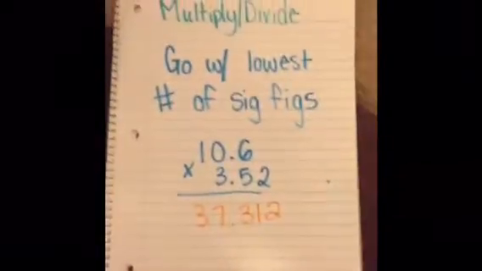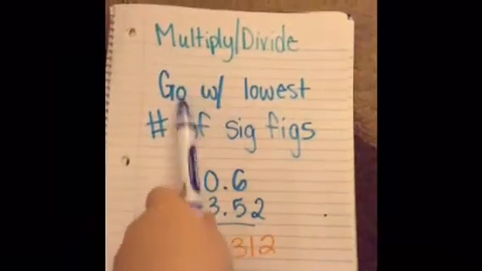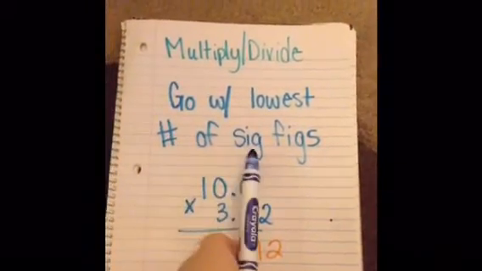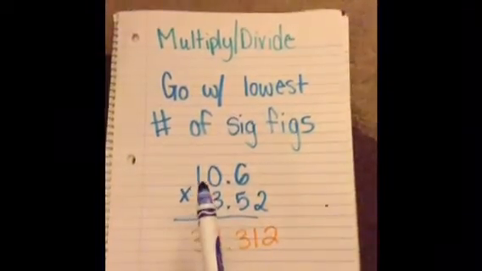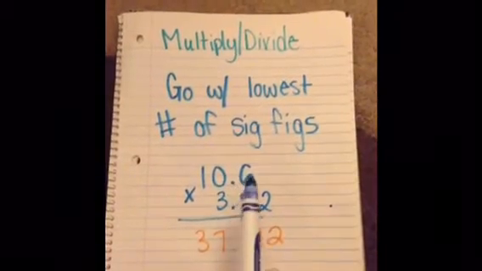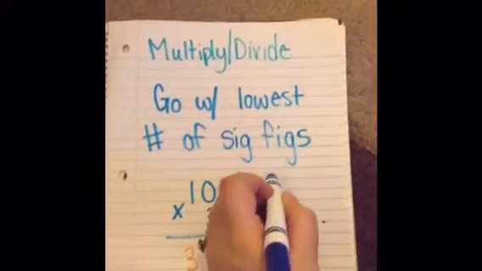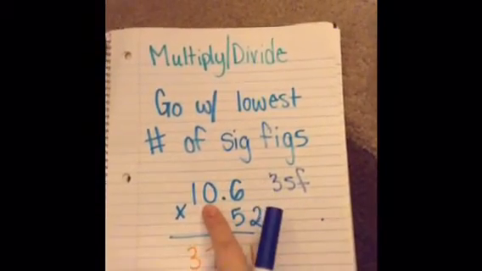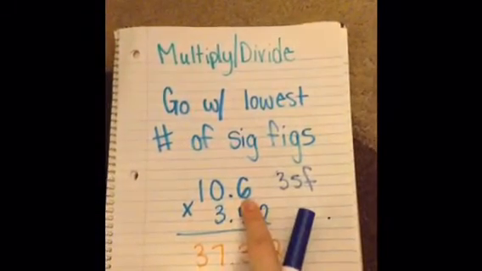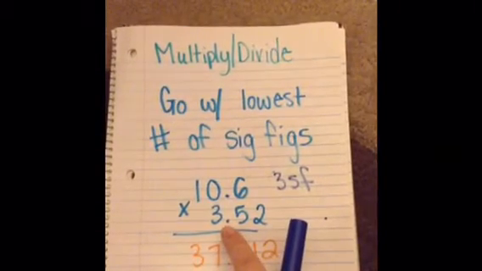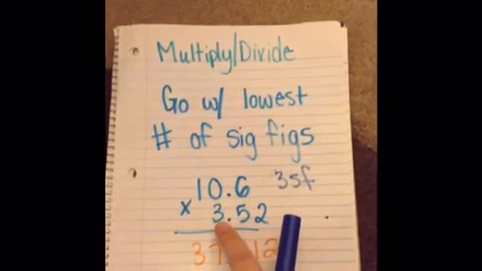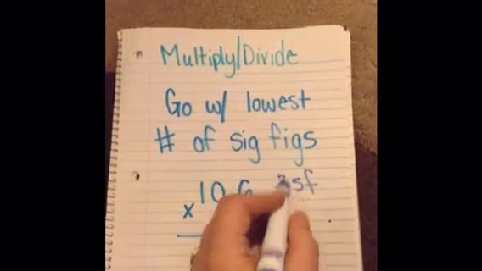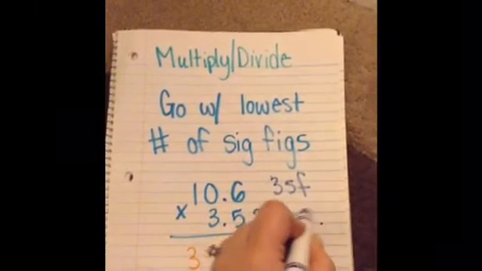If I'm multiplying and dividing numbers, it looks a little different. I'm going to go with the lowest number of sig figs. So if I have 10.6, I'm going to have 3 sig figs because I count bigger than 1 with a decimal point, everything is significant. Times 3.52, which happens to also have 3 sig figs.